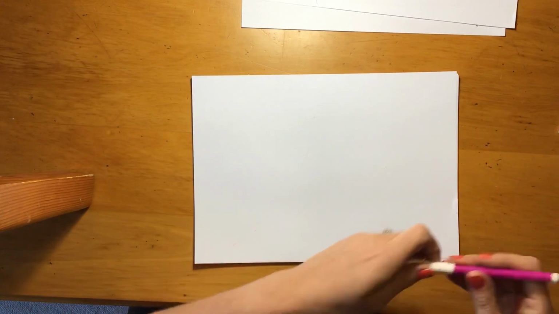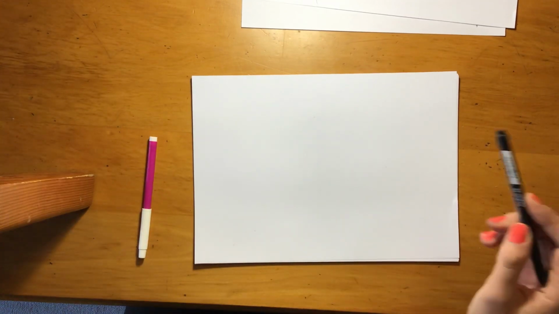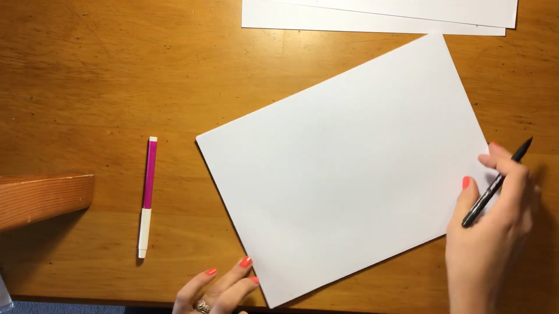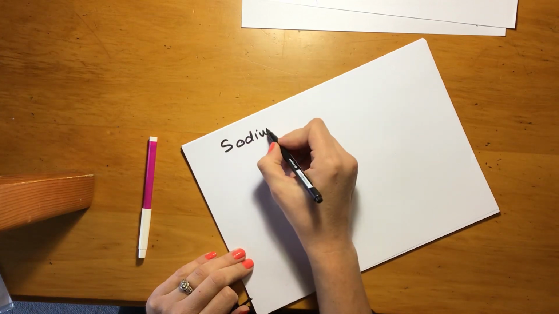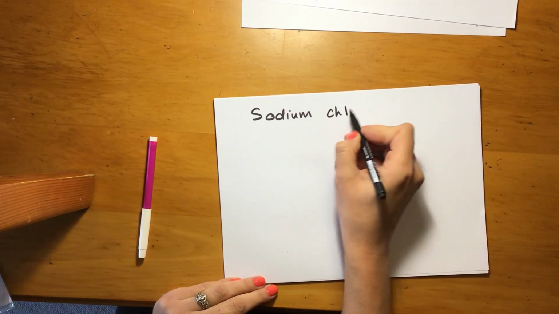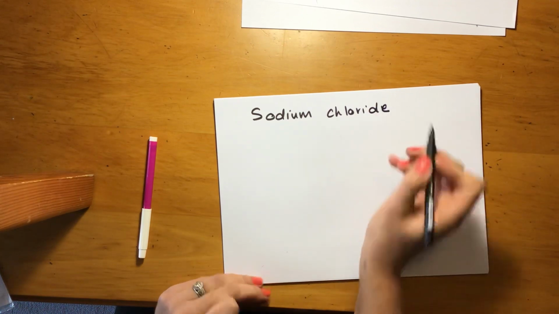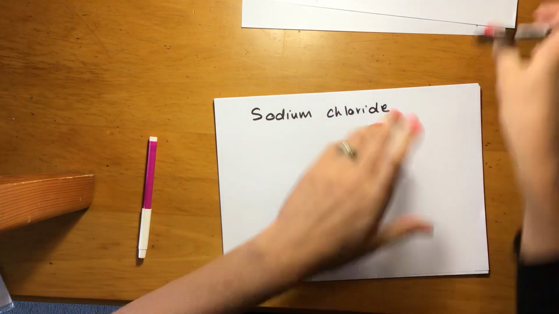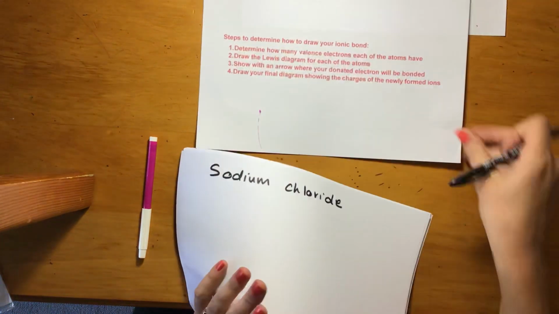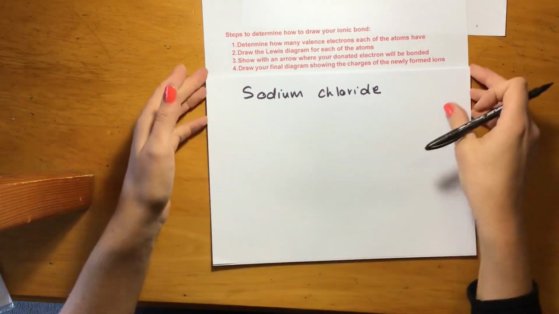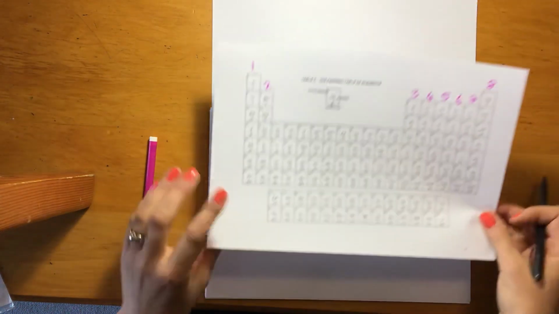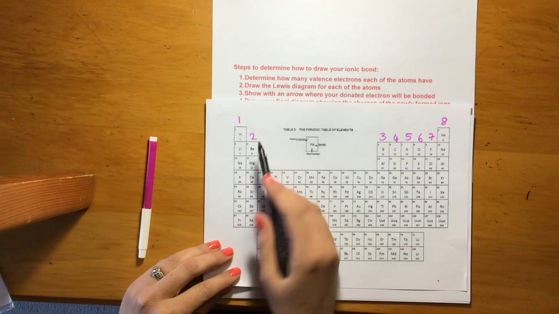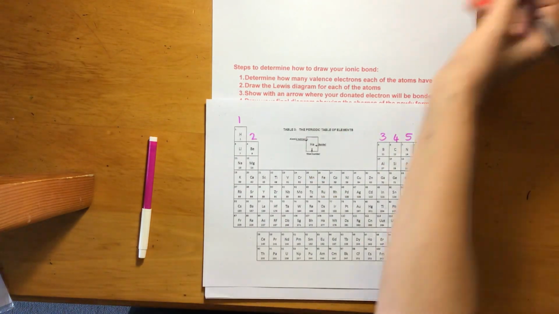Let's say, for example, I ask you to draw the ionic reaction that takes place between sodium and chlorine. So let's just say I give you sodium chloride, and I say, draw the specific electron transfer that takes place using Lewis diagrams. Let's get our rules in front of us. First rule, we're going to determine our valence electrons. How do we do this? We use our periodic table and the numbers at the top that we've numbered previously.